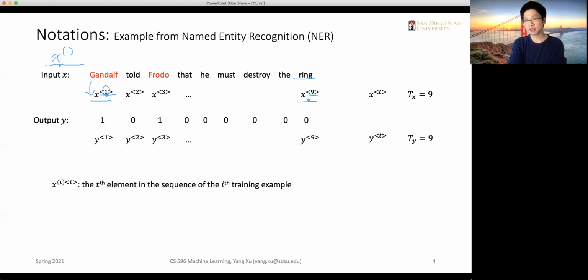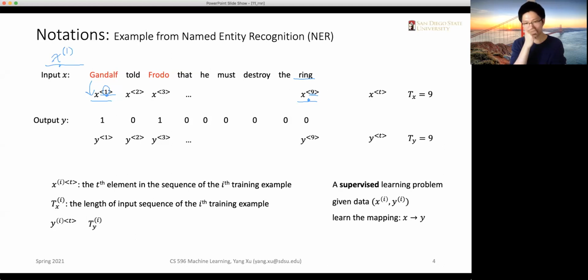But we will need a second superscript t to indicate which time step it is within that i-th sequence, right? And meanwhile, the capital T for the i-th training sequence means the length of that sequence, right? And similarly for Y. Okay.